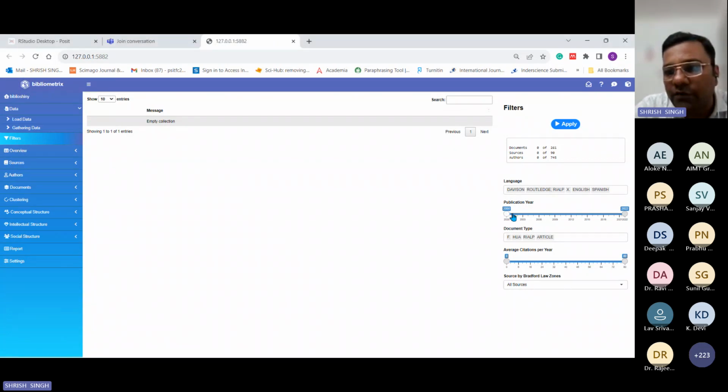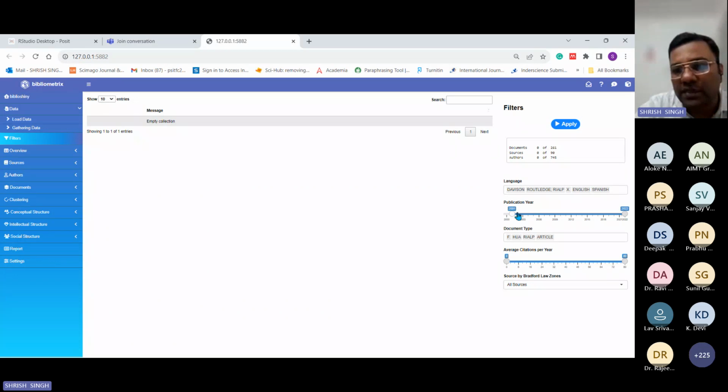You can just drag it from 2018 to 2022, and only this much data will be there for analyzing. So this filter option can be used if you want to specify your analysis in a specific span of time. It is very easy to operate.